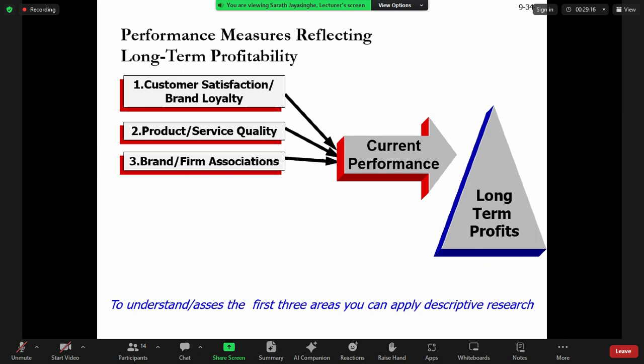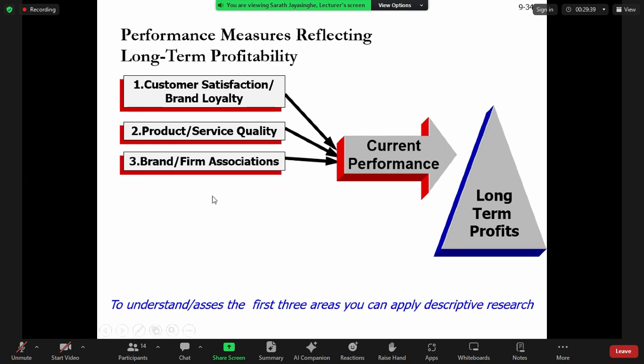firm associations, right? You know that brand association, you understand some related variables. Whenever you remind something, it is related to some other thing. Likewise, we can recall the brand by showing some kind of logo or some other activity, right?